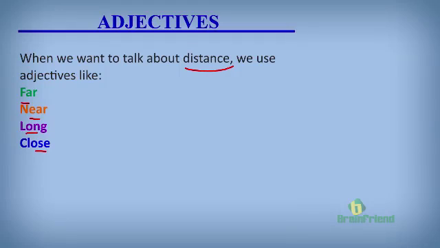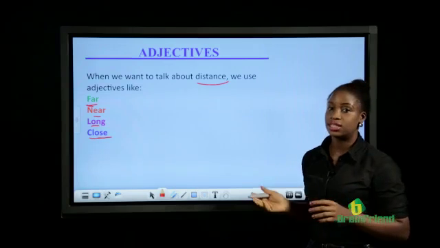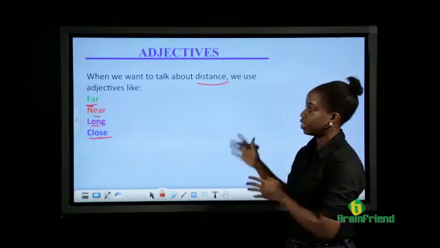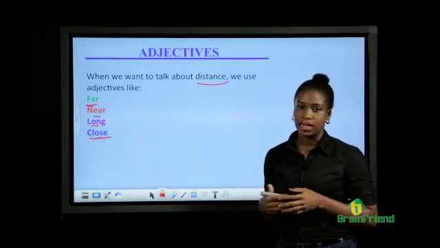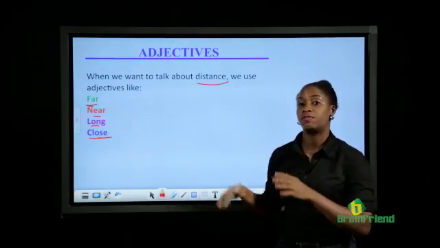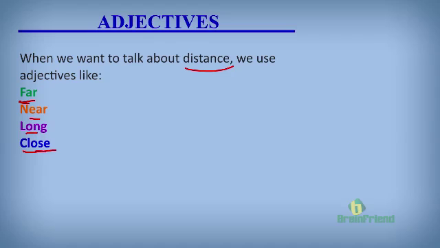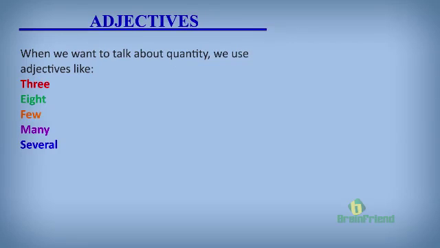And the word far tells you the distance, or the word close tells you the distance between where you are and the grocery shop. So these are adjectives that we use in talking about distance. Note that the adjectives which we have mentioned are not all the adjectives that we have. These are only but a few of the adjectives that we have in the English language.